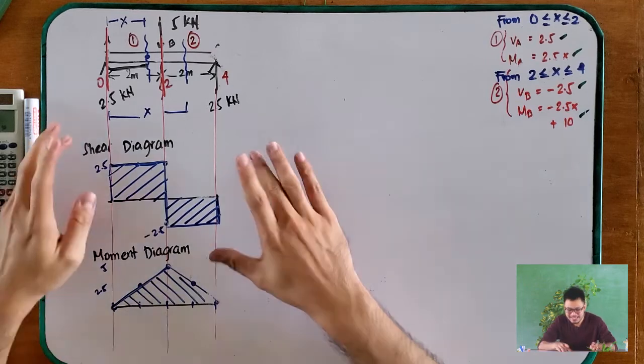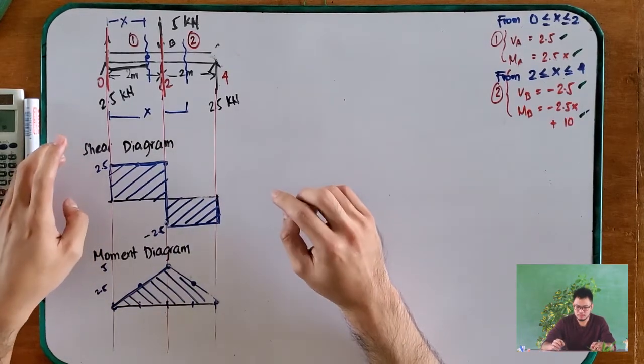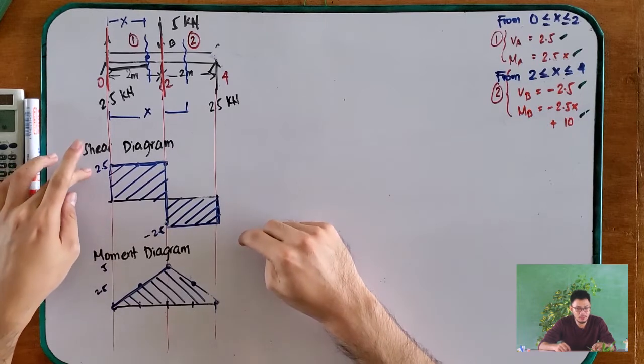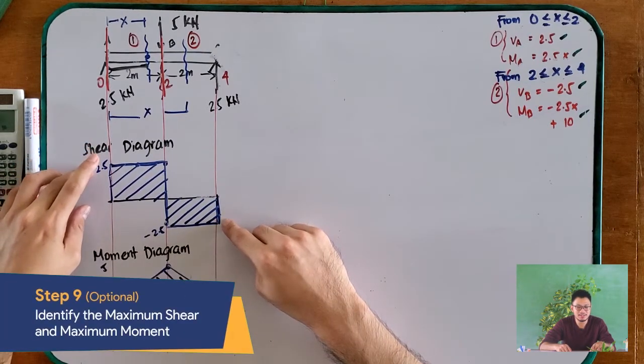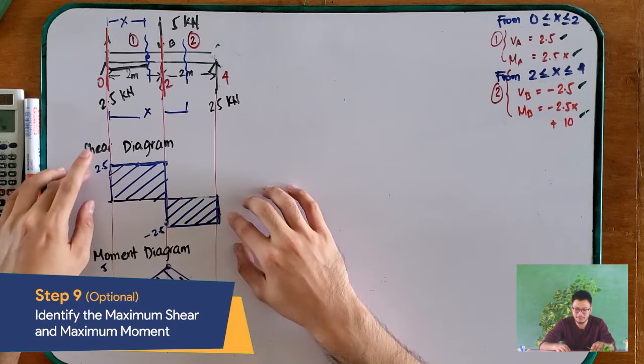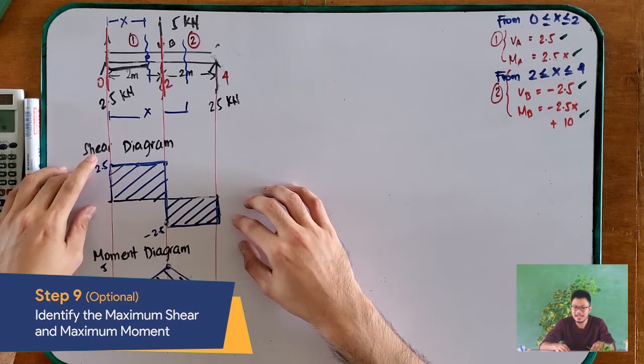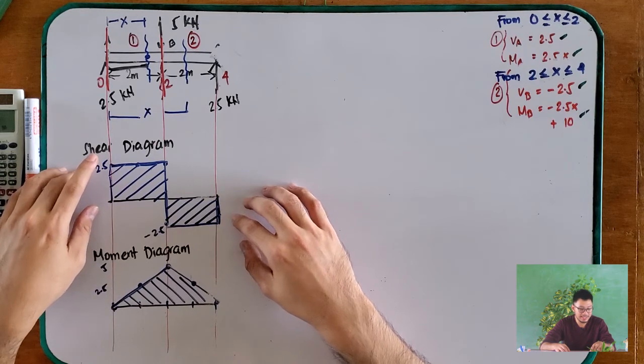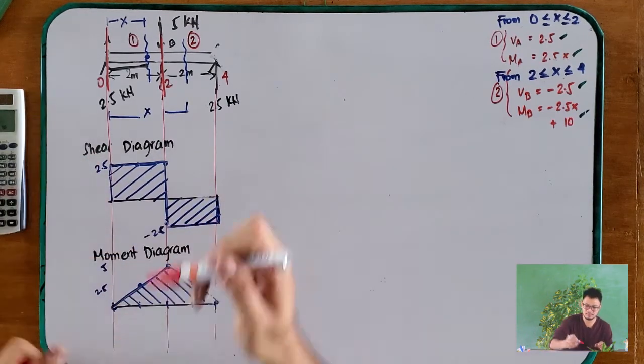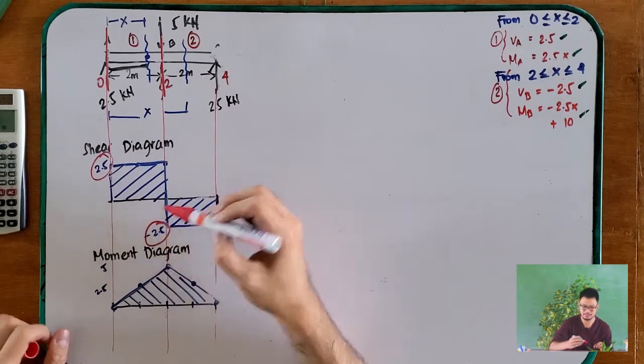Okay, so that is how we solve our problem. You can observe here the largest shear force, the largest internal shear force in your shaft. The sign is negligible. Either positive or negative, whichever has the larger value is your maximum shear.